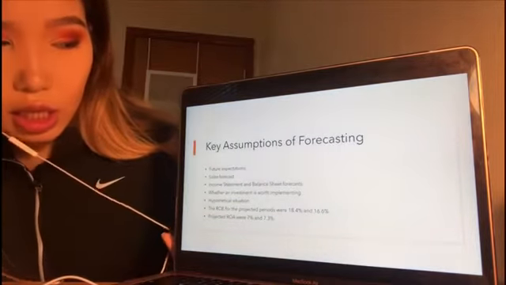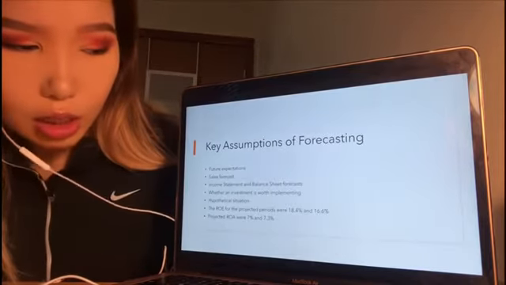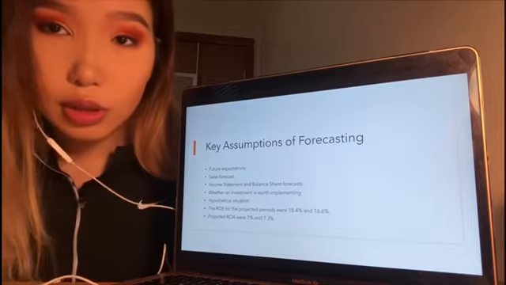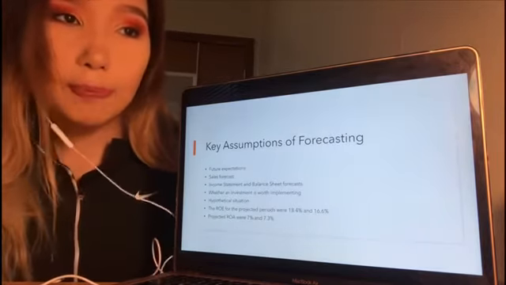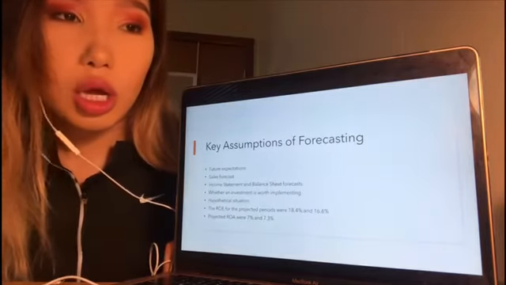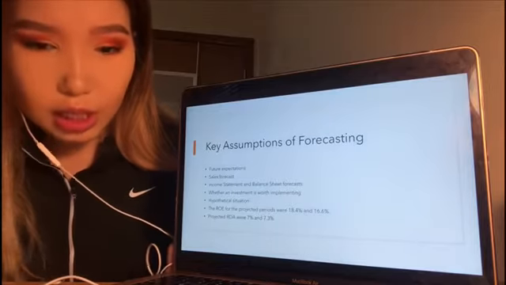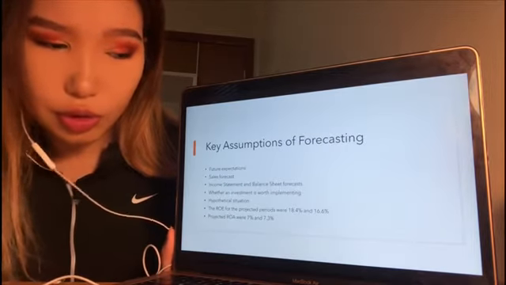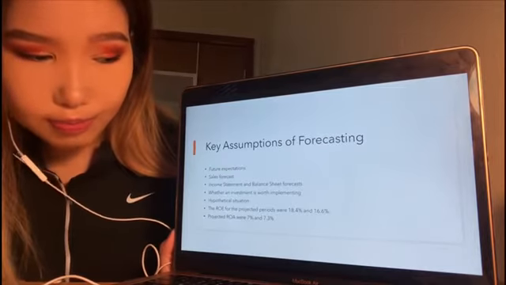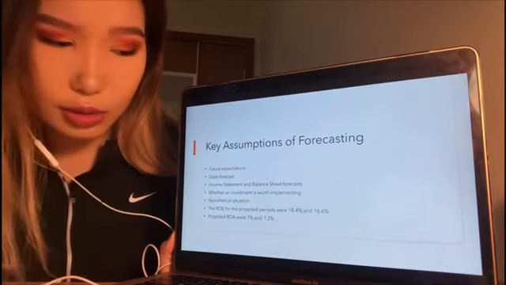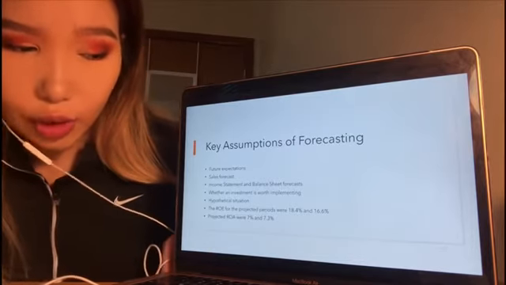Okay, and I also want to talk about the key assumptions of forecasting. Forecasting is very important in finance since it helps us to predict the future and prepares us for any future expectations, and it helps us to estimate the sales forecast, income statement, and balance sheet forecast.